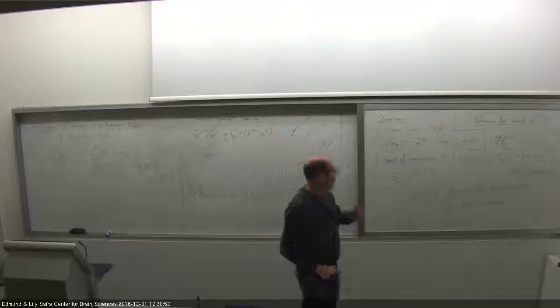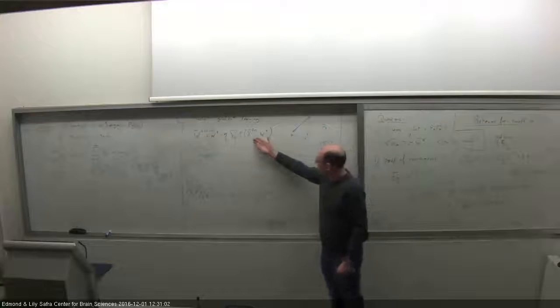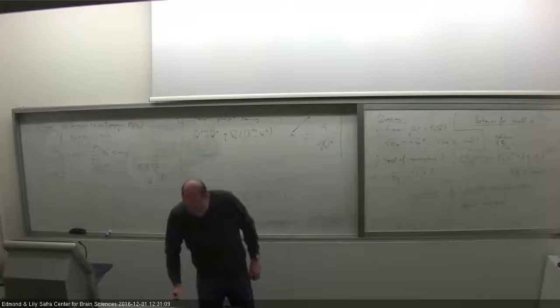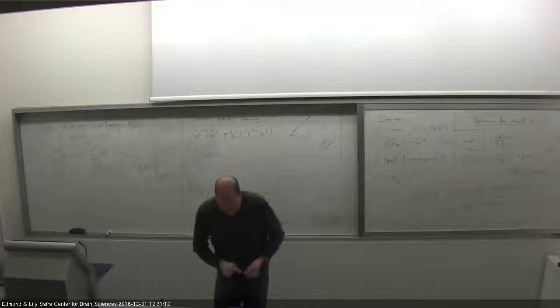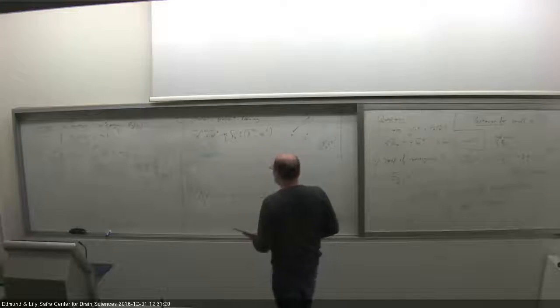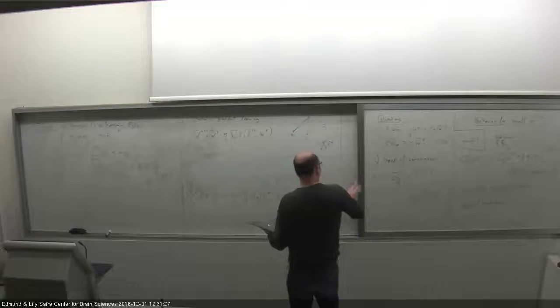What I would like to do, just as one last thing in this topic, is to show you more formally why it is true that this becomes this when eta is small. Okay? So I want to show this formally. I'll erase this.